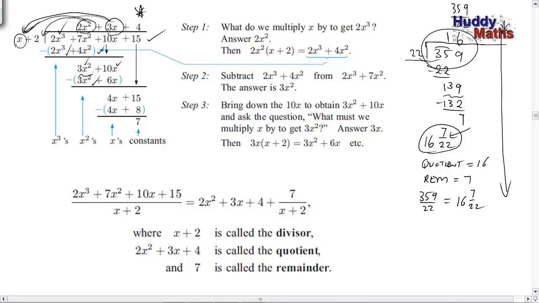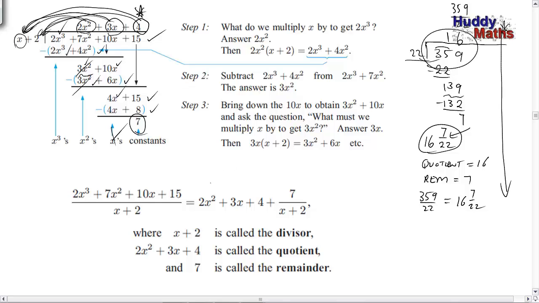But you must multiply by 2, so you're generating 2 terms each time, and the first one, if we follow the algorithm, has got to go out, and then 10x take away 6x is 4x, bring down the 15, do it again. What do we multiply x by to get 4x? It is 4, and 4 by 2 is 8. Do you get the idea? Then that wipes out, no x's, and we've got 7 left. So what have we just shown?